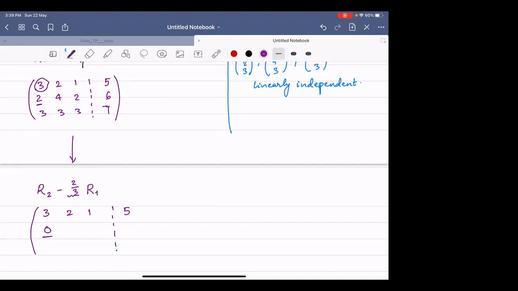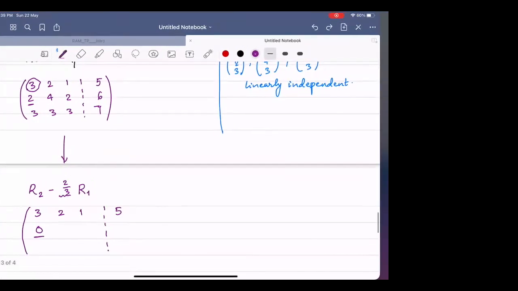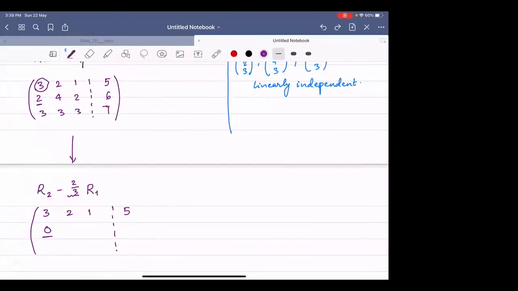Now, this operation has to be carried through for the rest of the elements also. So let's carry it through for those remaining elements. You can do it. So here, for example, you will get 8 by 3, and here 4 by 3.